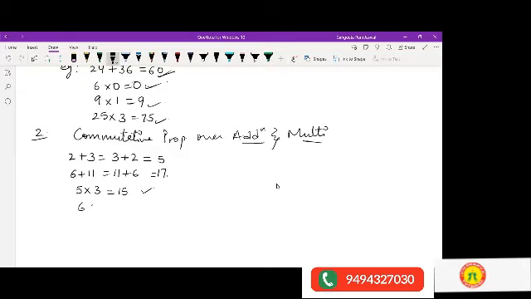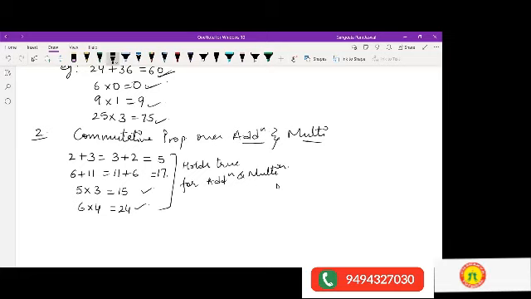If I take 6 into 4, I have whole numbers getting multiplied, so my answer is also a whole number. Okay, so we found that commutative property holds true for addition and multiplication. Right? Commutative property holds true for addition and multiplication.